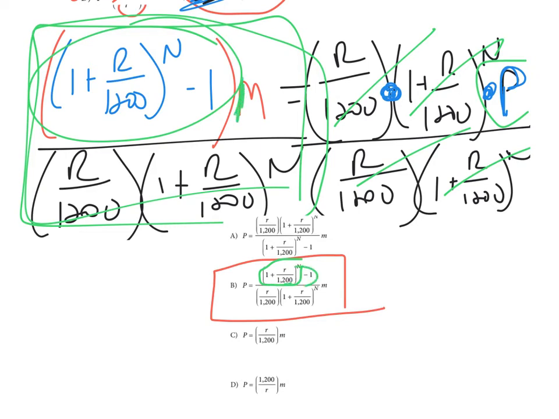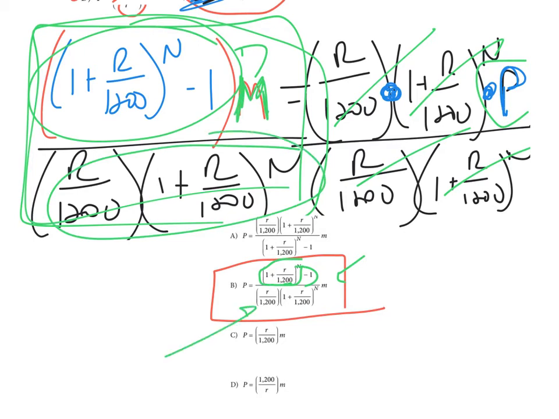The m is multiplied by the top. But another way of writing that is just multiplying out to the right. And then here are my two denominator terms, r over 1200 and 1 plus r over 1200 raised to the n power. So there, that big mess simplified to answer choice B.